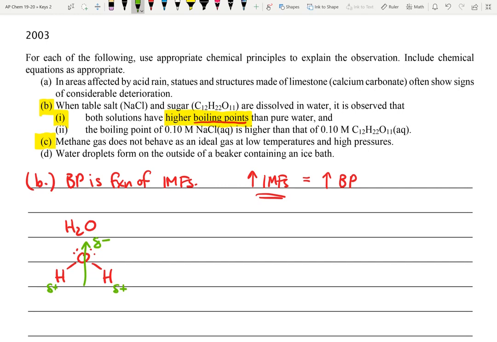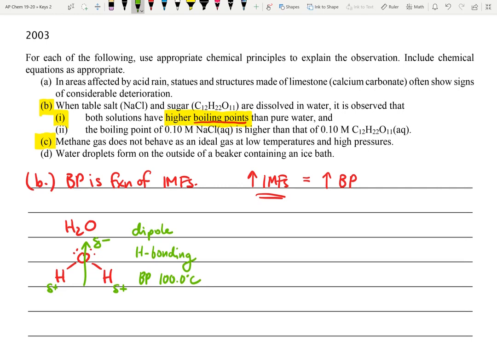So water is a polar molecule, so it has a dipole. And not only that, it has the kind of dipole that allows for hydrogen bonding, which is usually considered a little stronger type of dipole-dipole bonding. So water contains hydrogen bonding, and for water to boil at 100 degrees Celsius, it has to overcome that hydrogen bonding that's present. So the boiling point of pure water is 100 degrees Celsius.